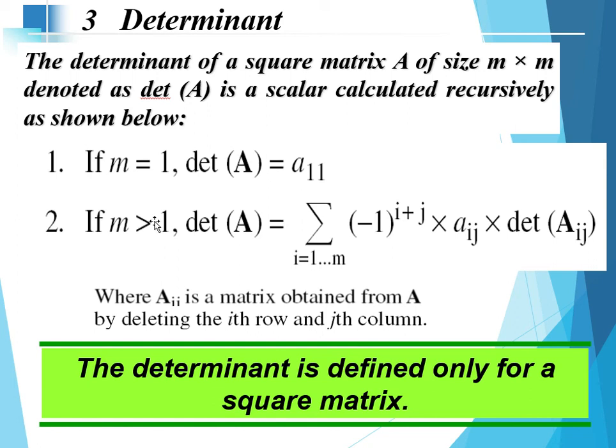If m is greater than 1, then the determinant of A is the sum for j equal to 1 to m of (-1)^(1+j) into A_1j into the determinant of A_1j, where A_1j is a matrix obtained from A by deleting the ith row and jth column. The determinant is defined only for a square matrix.